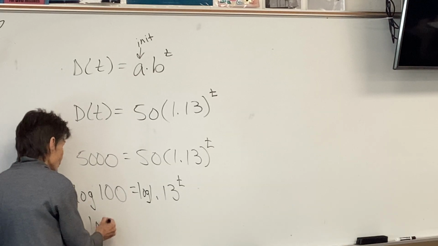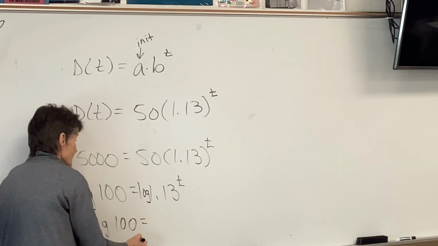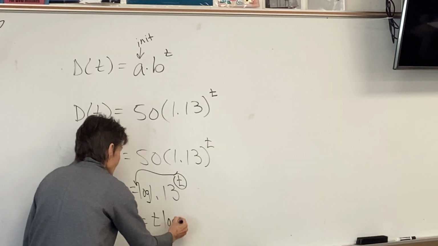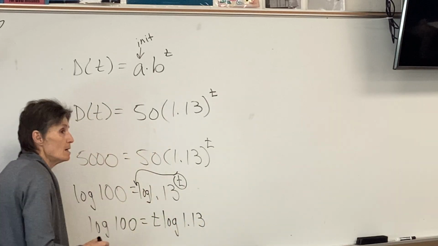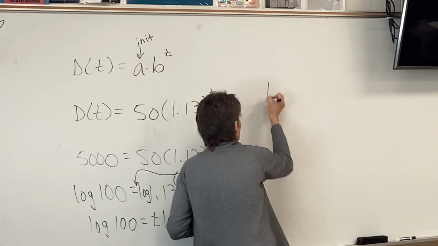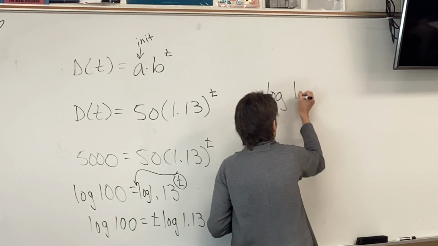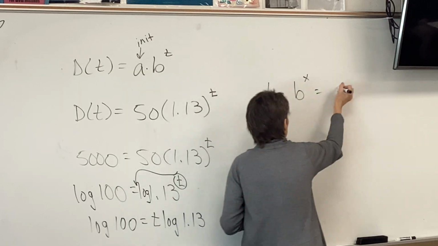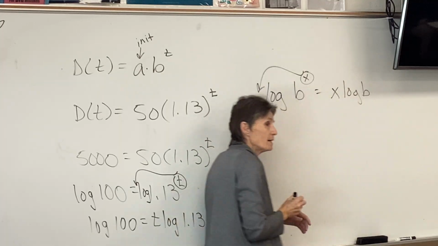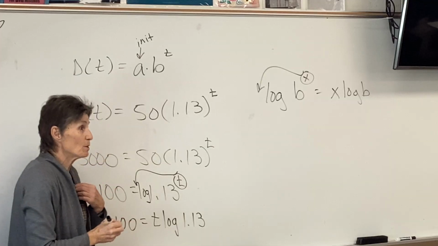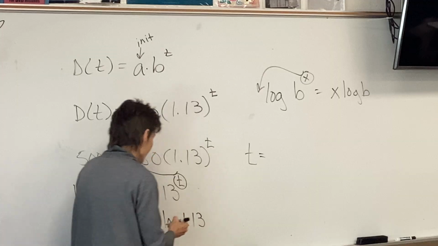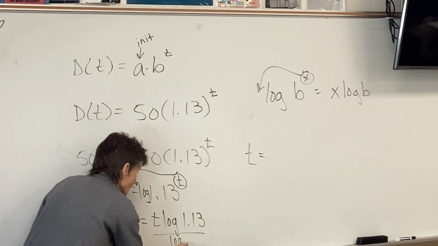So we have a log of 100 equals T log 1.13. When you take the log to a power, the power can be pulled out front and it turns into a coefficient, which is the beauty of logarithms, because now all I have is a division problem.